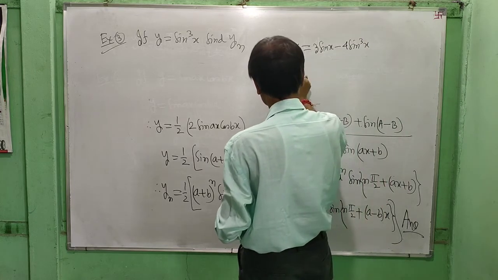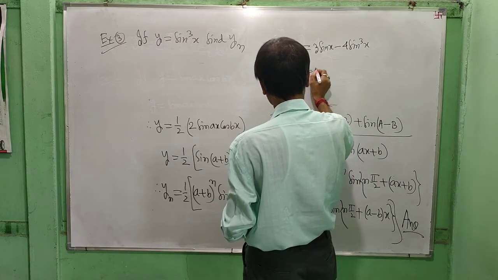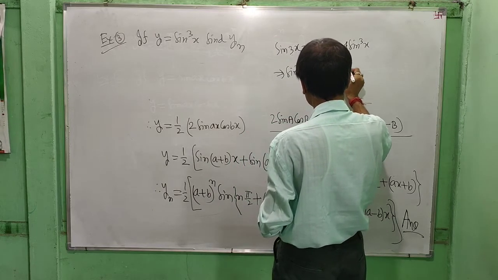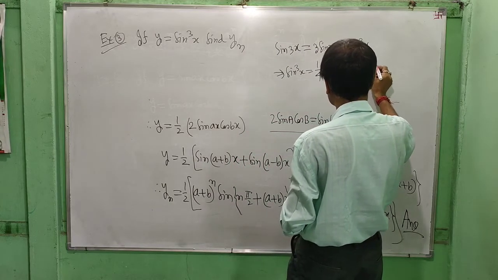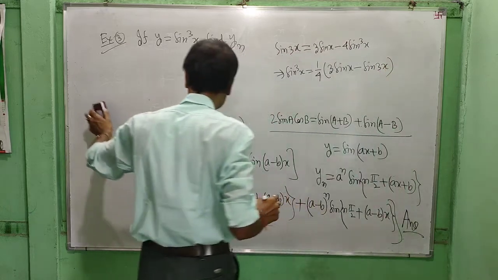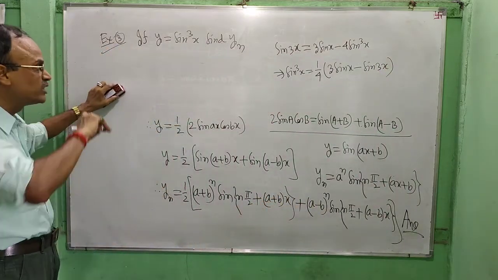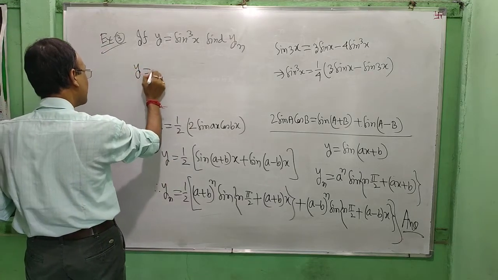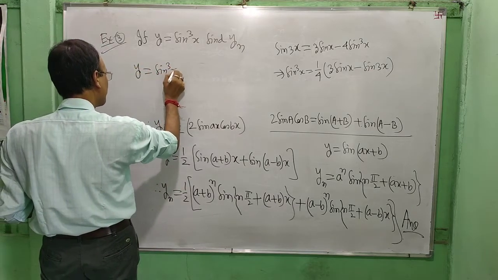This means sine cube x will be equal to 1 by 4 (thrice sine x minus sine thrice x). You will get this.